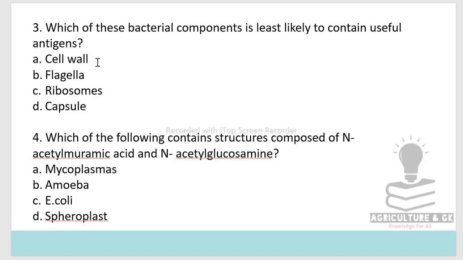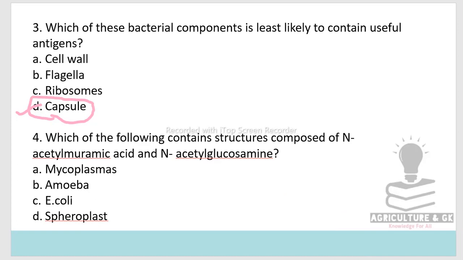We know cell wall, flagella and ribosome, these three are very important when it comes to antigens. So these can't be our answer. Our answer will be capsule. Capsule is least likely to contain antigens. So our answer will be option D.